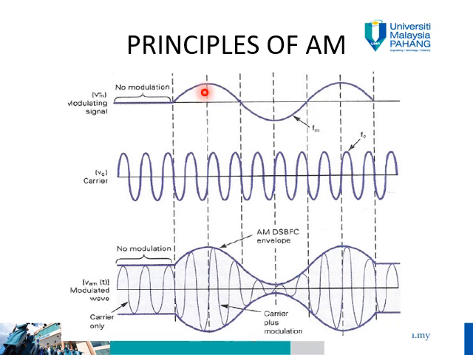This is the modulating signal. Another one is the carrier signal, VC, where C stands for carrier, and FC is the frequency of the carrier. So we have this high frequency carrier signal.